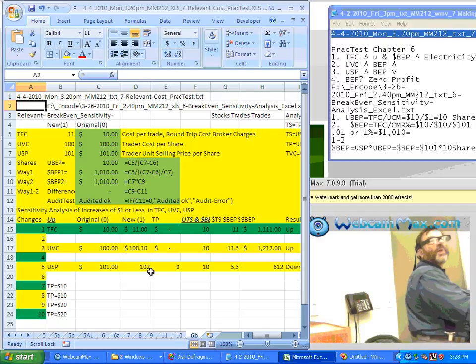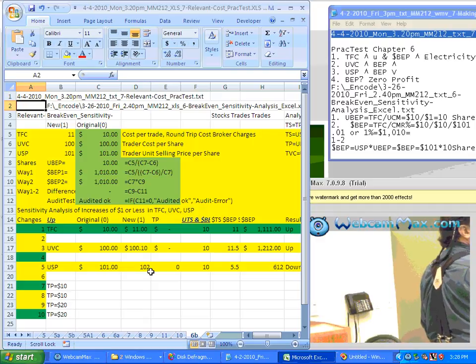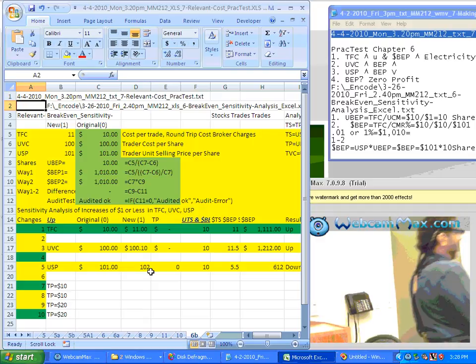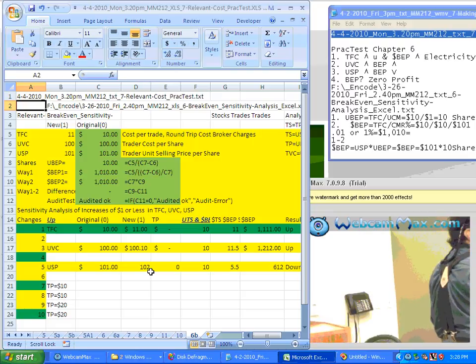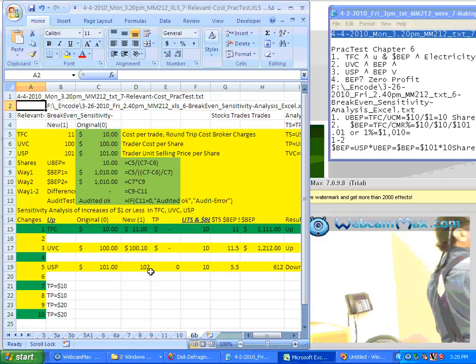And how much money is it? 20 shares times the unit selling price of $101 is equal to what? 100 times 20 is 2,000. That's right, $2,020. Now, what is the answer to number 9?